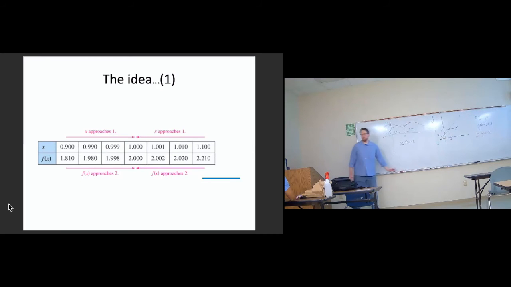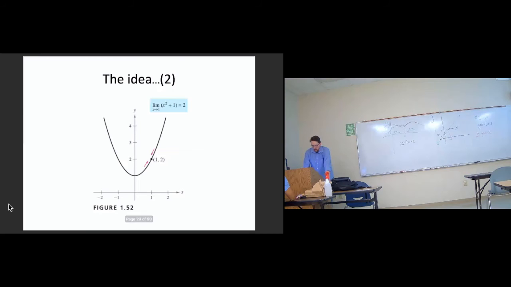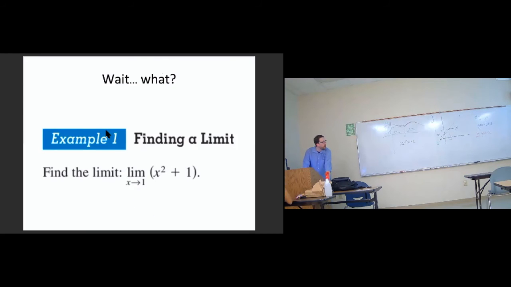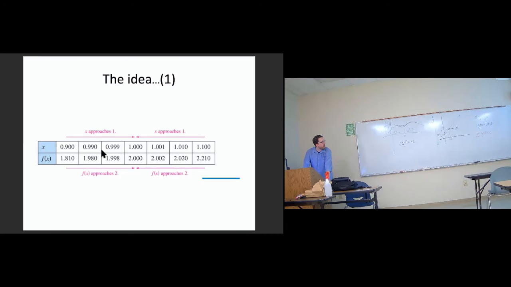It is a bizarre concept, I will admit. So what we are literally saying in this first example, the limit as x gets close to 1 of x squared plus 1, is when x gets relatively close to that value 1, is our function getting close to the same value from both directions? If so, then we would say our function is equal to whatever that value was.